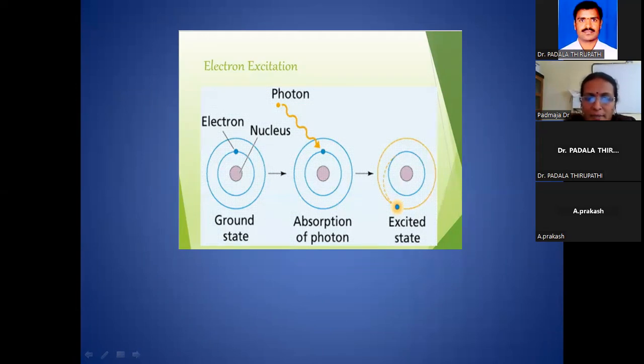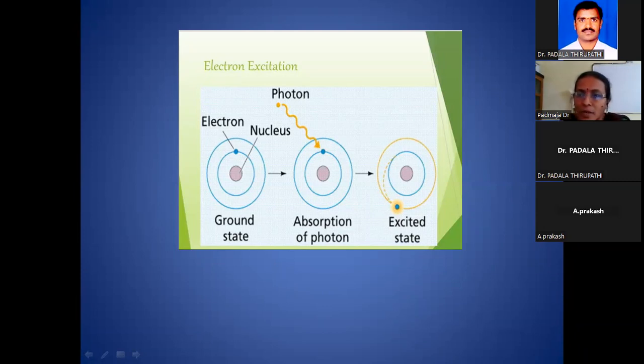So by this, we can say that when the pigment is in the ground state and it absorbs the light, that means the light in the form of particles known as photons, the pigment will be in an excited state and the electrons will be released.